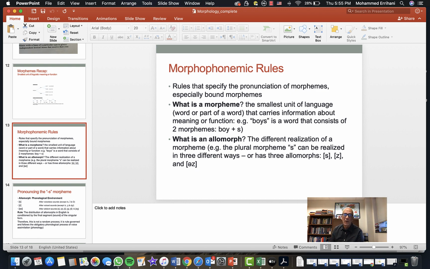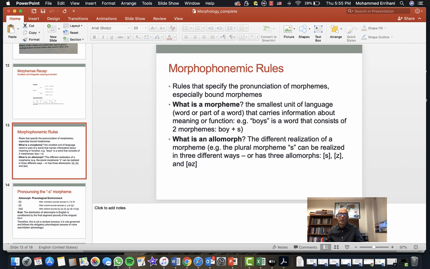Okay, so a morpheme is the smallest unit of language, but it has meaning, as opposed to a phoneme, which we saw in phonology. It doesn't have meaning. It's just an idea of a sound, but it doesn't have meaning. It's when you put those sounds together to form a word that you have meaning, and that's when you have a morpheme.